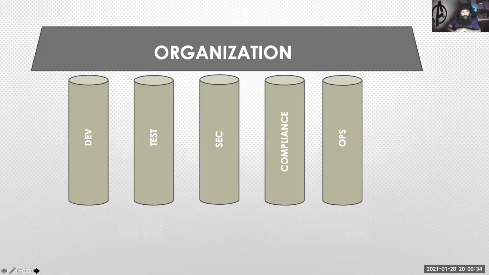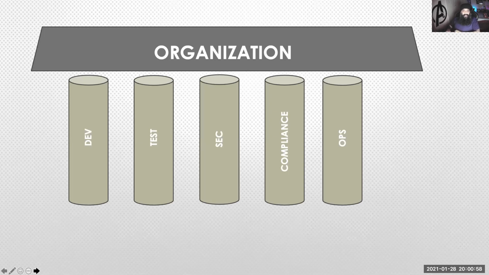We are talking about multiple pillars, and these pillars are usually organized around specific capabilities, possibly dev, test, security, compliance, operations, and stuff. So this is how one organization, the previous one was more like the org chart, but this is how you get to view the organization.